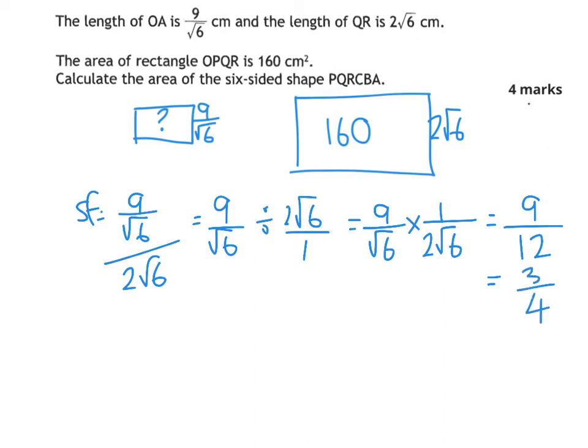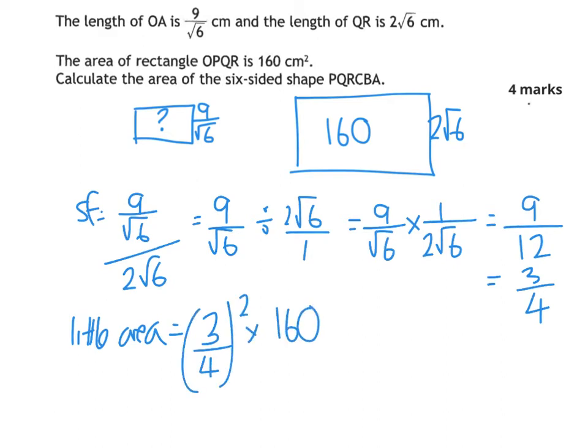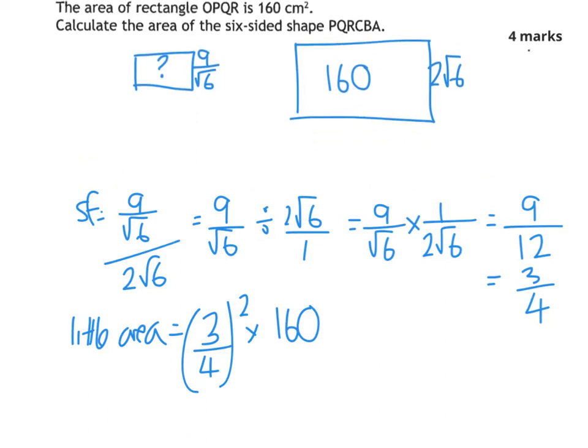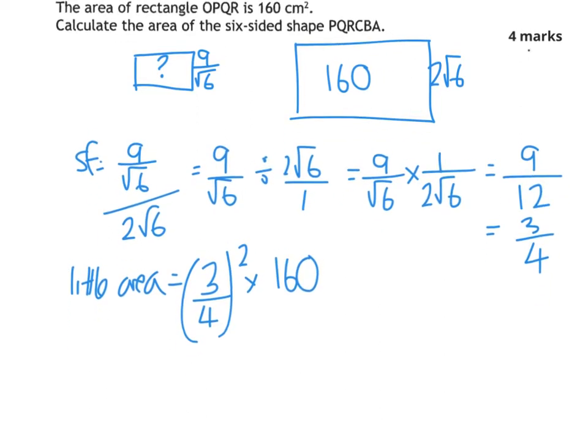So my little area will be my scale factor squared, because it's an area question, times the big area. Now, if you square all this, you will get 9 over 16 times 160.